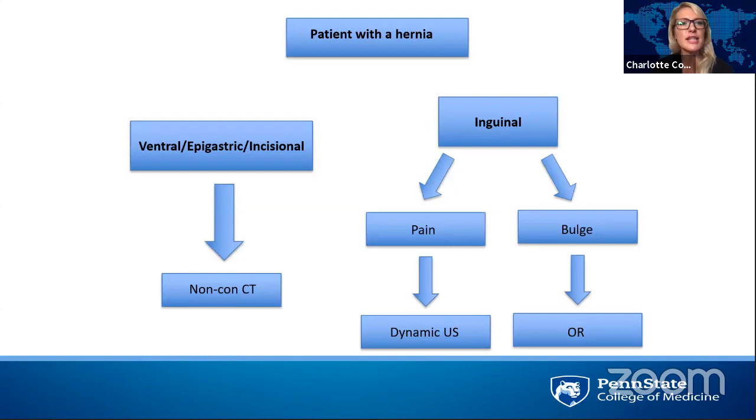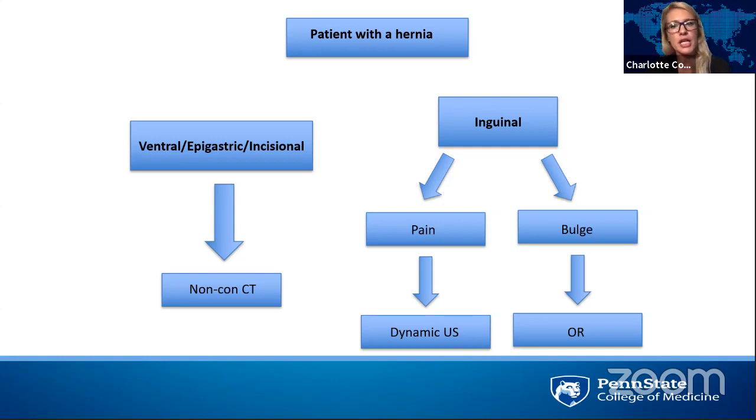So here's just a little algorithm of how to approach patients. In general, I think if a patient has a ventral, epigastric or incisional hernia, they should get a non-con CT scan. If they've had another abdominal operation after your last CT scan, it's worthwhile to get another one, and then you can proceed with your operative plan from there.